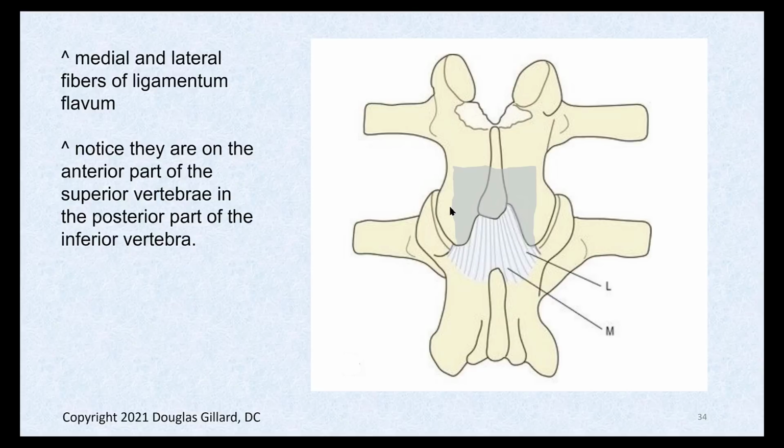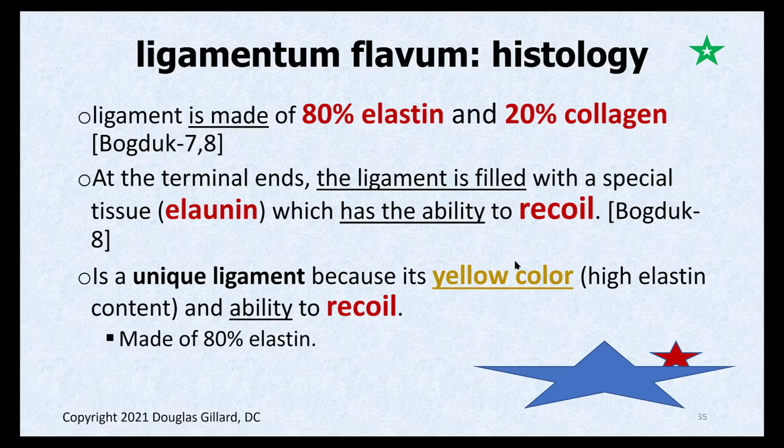I just kind of photoshopped it in here. This is where it would be, but normally you wouldn't see this. This is on the inside, or deep to the lamina here. So that's kind of weird. So it connects to the anterior part of the lamina here, and here it connects to the posterior part of the lamina. Kind of a strange setup.